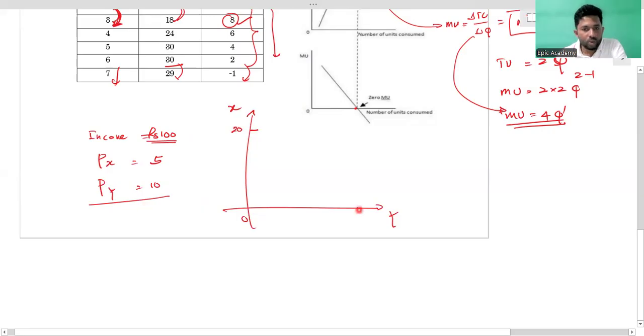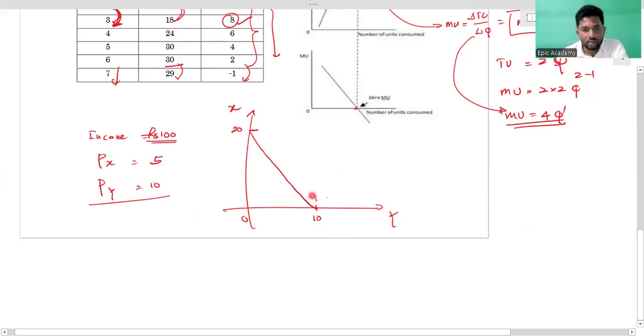Next, assume that this person is going to consume only Y commodity. The price of the Y commodity is 10 rupees. If you use that 100 income only for the Y commodity, you can consume 10 commodities maximum.